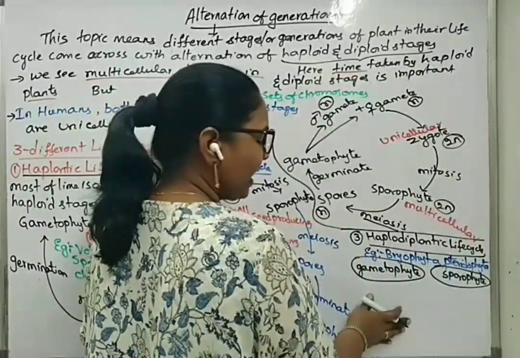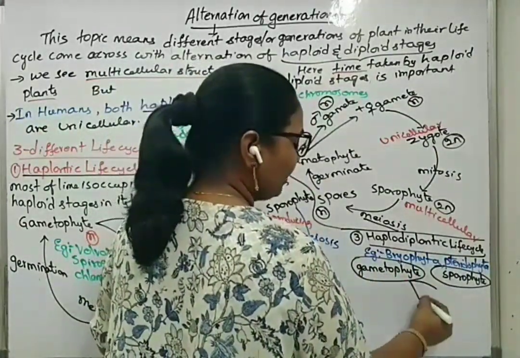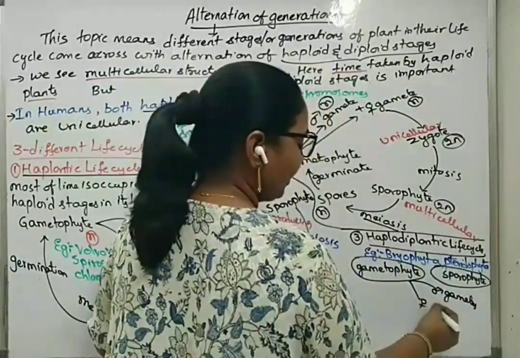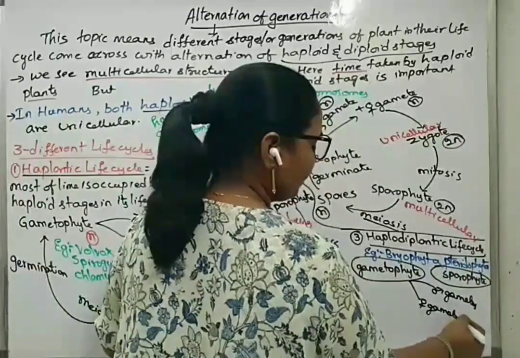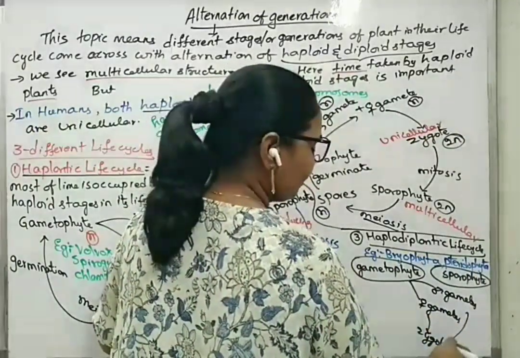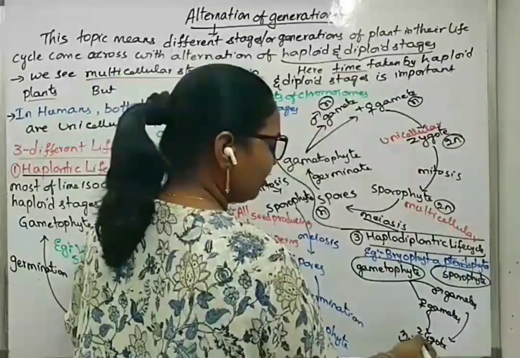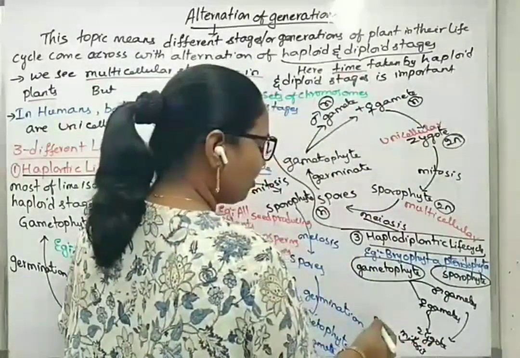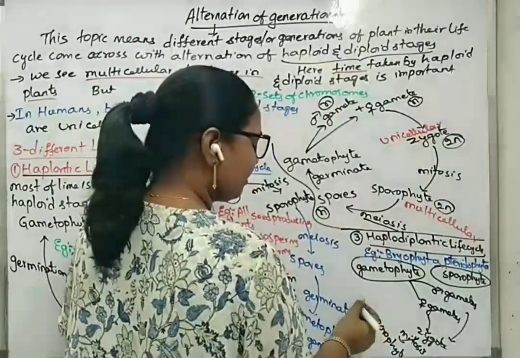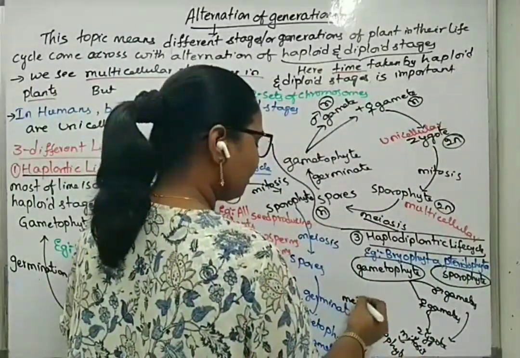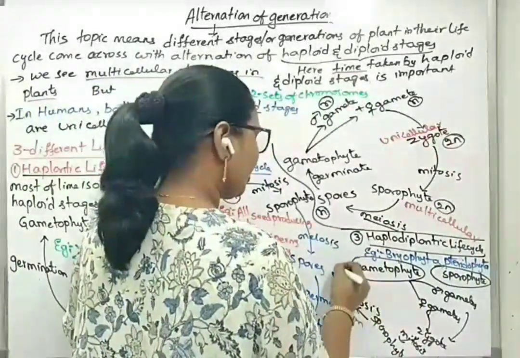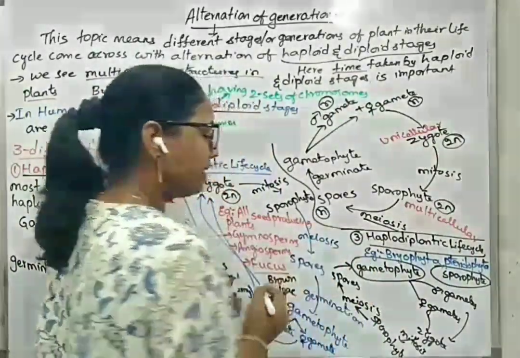So we'll start with the gametophyte stage. The gametophytes will produce male gametes and female gametes. These both fuse to give out the zygote. The zygote undergoes mitosis to give out the sporophyte. The sporophyte undergoes meiosis to give out spores. Spores will germinate to give out the gametophyte.